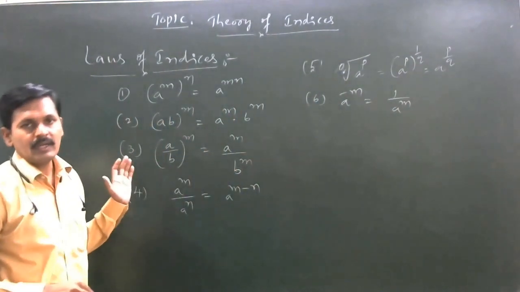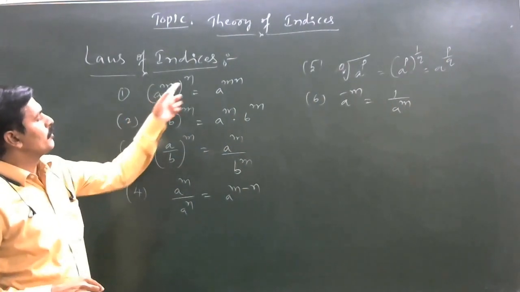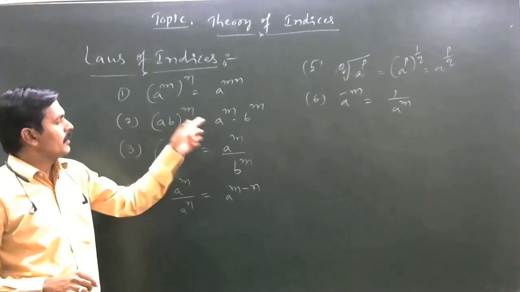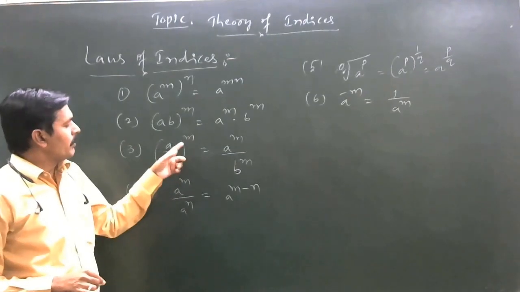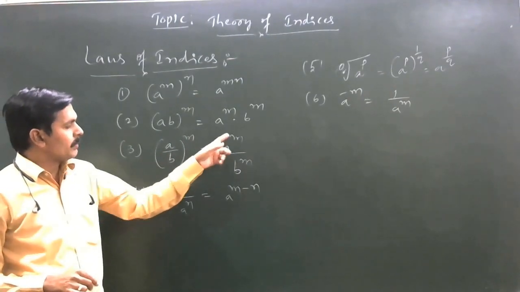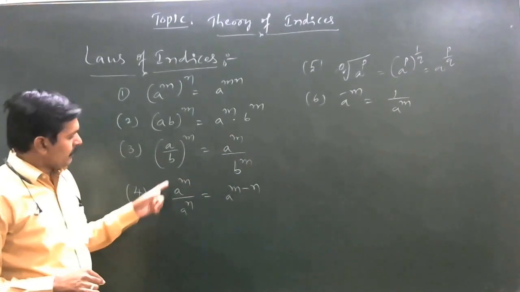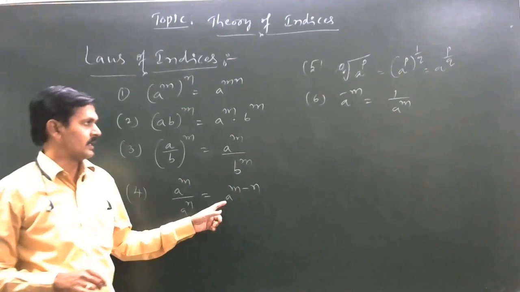These are the important basic laws of indices. First, a power m whole power n is a to the power of m into n. ab whole power m is a power m into b power m. a by b whole power m is equal to a power m divided by b power m. Next, a power m divided by a power n is equal to a to the power of m minus n.